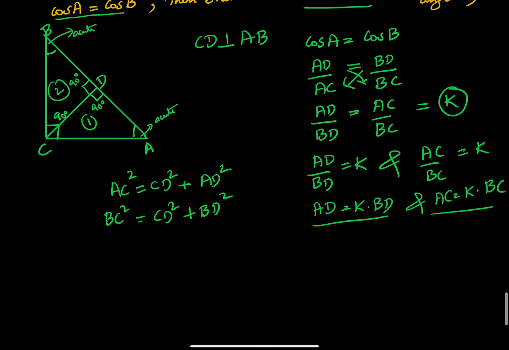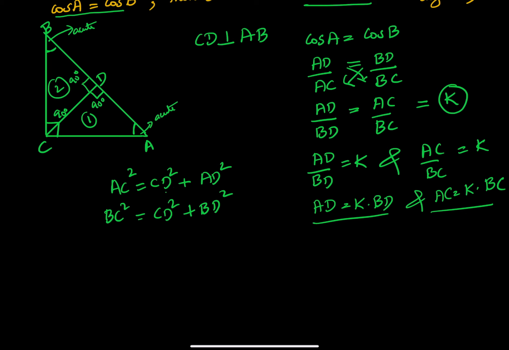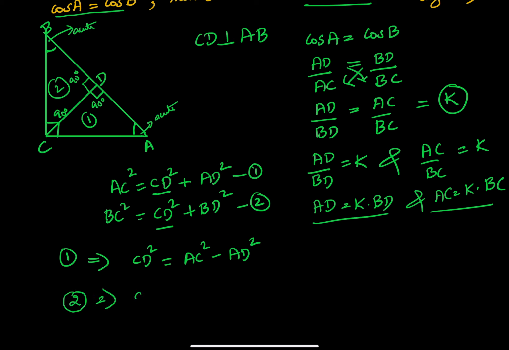Now we see that in these two equations CD is common. So let's rearrange, let's call this equation 1, let's call this equation 2. Equation 1 can be rearranged as CD square is equal to AC square minus AD square, and equation 2 can be rearranged as CD square is equal to BC square minus BD square.